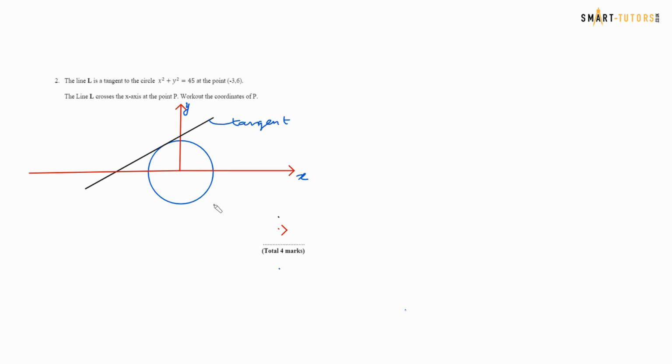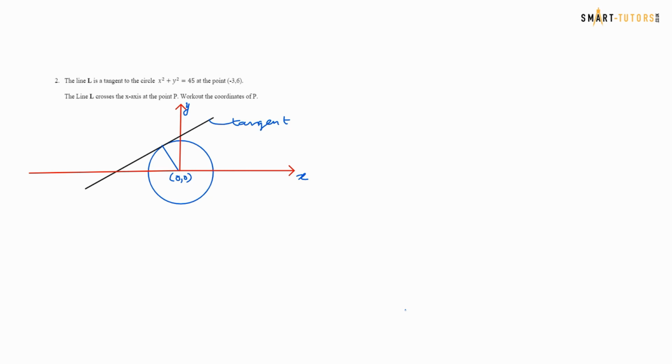The equation of the circle is x squared plus y squared, so the center is 0, 0. The square root of 45 is the radius, which we don't know at the moment, and I'm connecting this tangent point to the center, and that is also important. Right, okay, let's start.